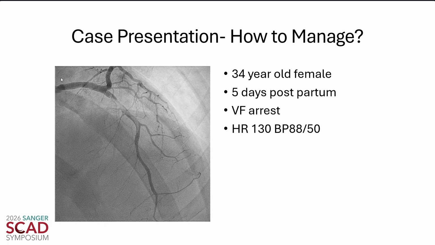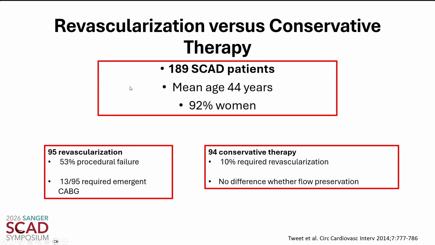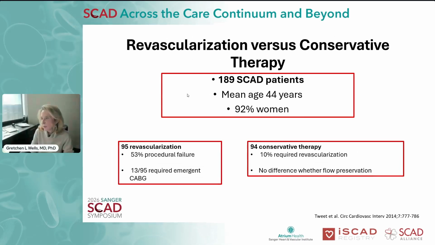Now, we had a series of some not so good outcomes in trying to perform coronary interventions in these patients. And also, I would point you to the literature. This is also from the Mayo Rochester, published in 2014. And what you are seeing are 189 SCAD patients. Now, this was not randomized.